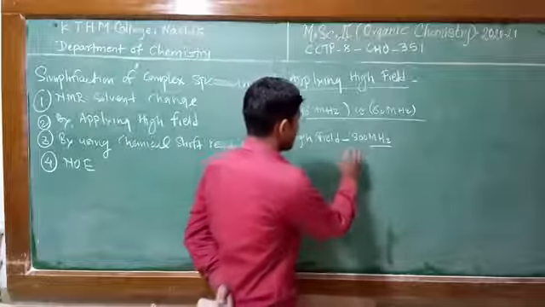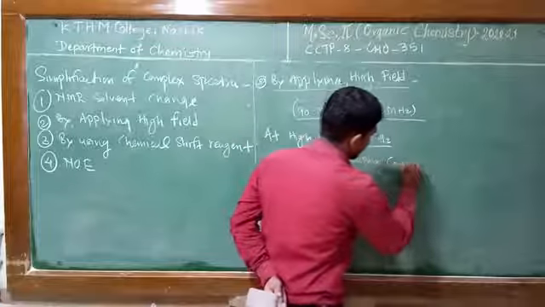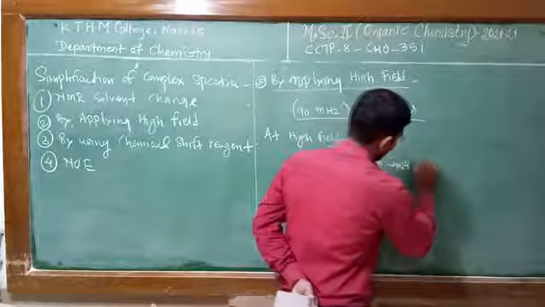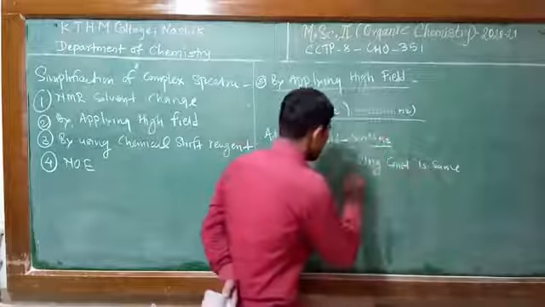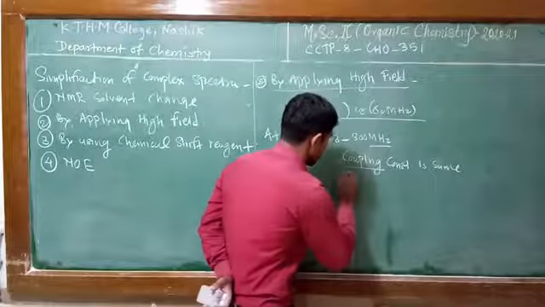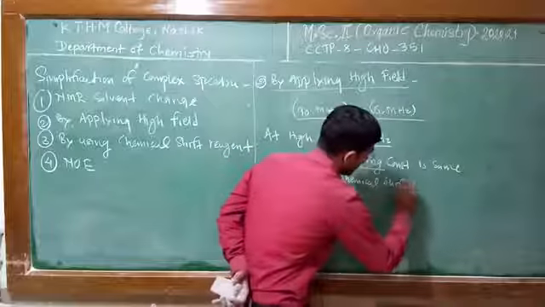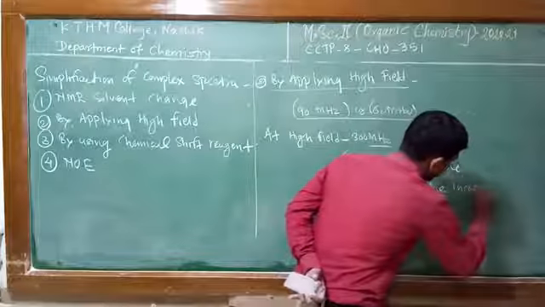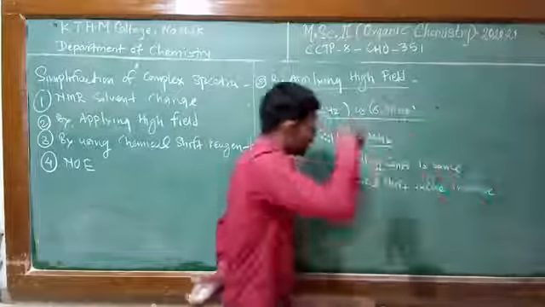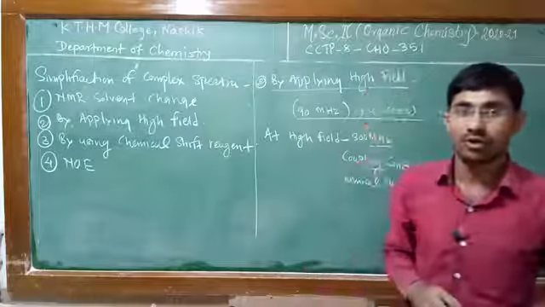The coupling constant value is not increased, the coupling constant is the same, but the chemical shift value is increased, and because of that, multiplets that overlap in complex spectra can be easily resolved.